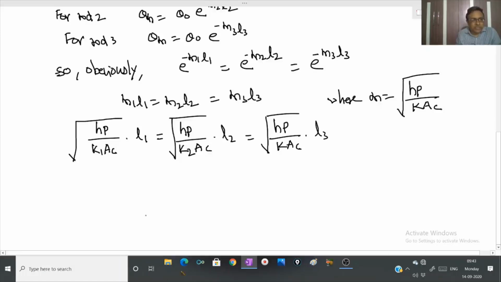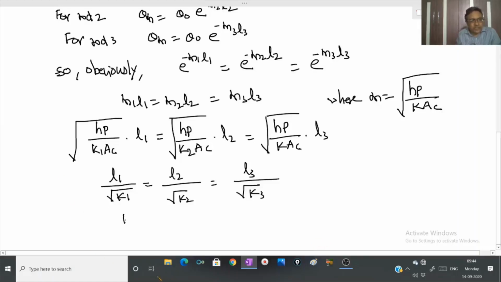After simplification, it will give me L1 over square root of K1 is equal to L2 over square root of K2 is equal to L3 over square root of K3.